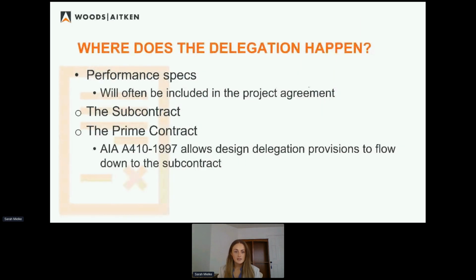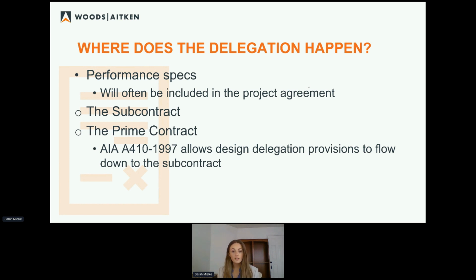So where does the design delegation happen? Again, typically in the performance specs, you can usually find these in the project agreement. Those performance specs, depending on how they're written out for each project and developed for each project, can kind of guide the scope of the design that's being delegated depending on the specifications you're working off of.